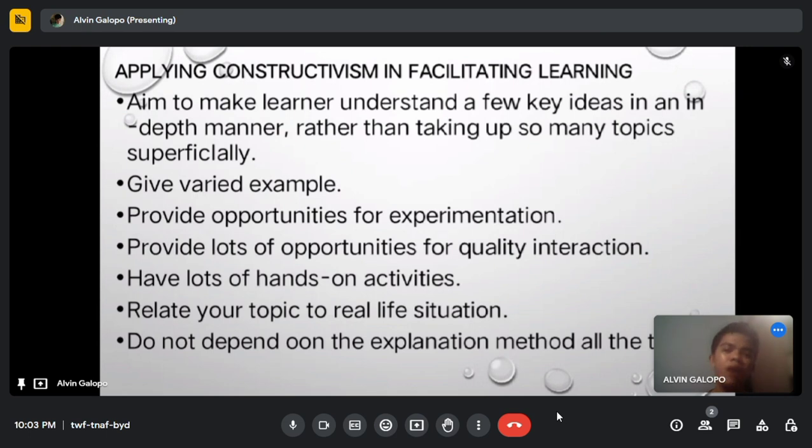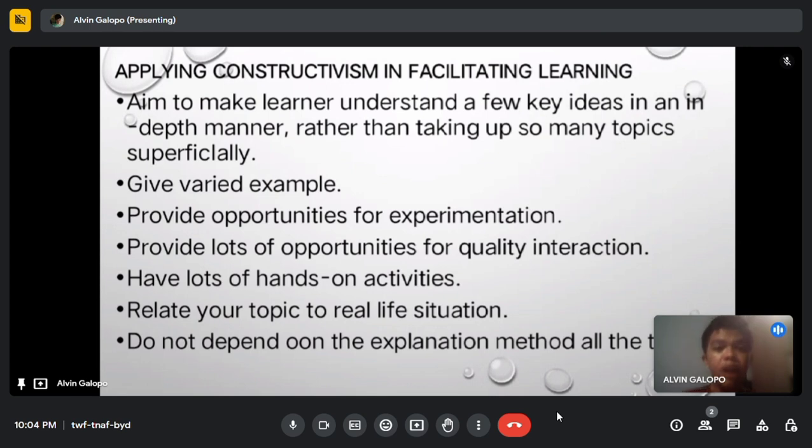Now, let's see how constructivism can be applied in facilitating learning. First, it aims to make learners understand a few key ideas in an in-depth manner rather than taking up so many topics superficially.